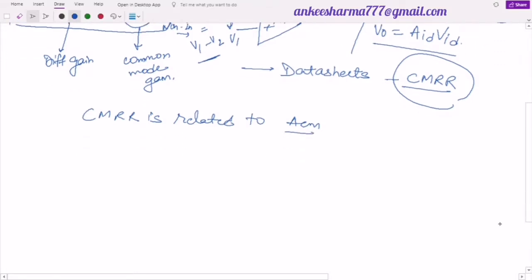So if I write here my output voltage, which is equal to AID into VID plus ACM into VCM, I think it is clear. AID is the gain of the differential or the difference inputs. ACM is the gain of the common mode signals. VID is the difference of the voltages. VCM is the common mode voltage that is common to both the terminals.